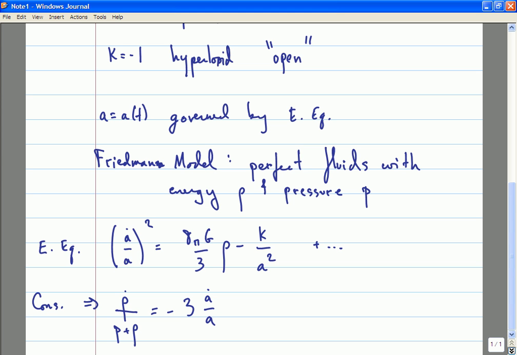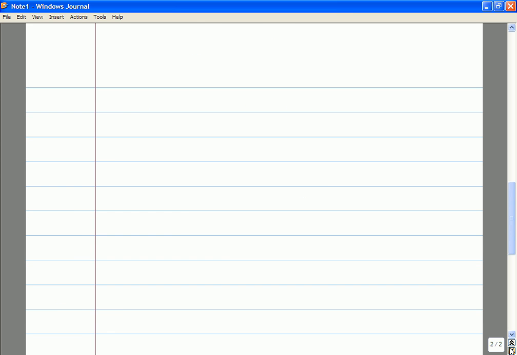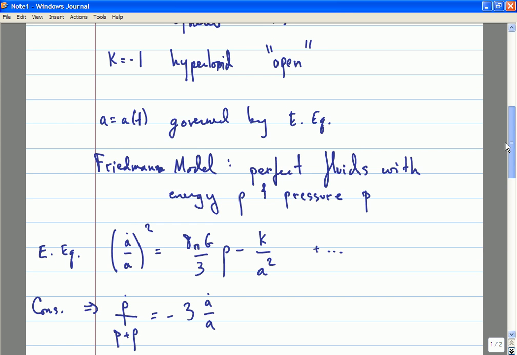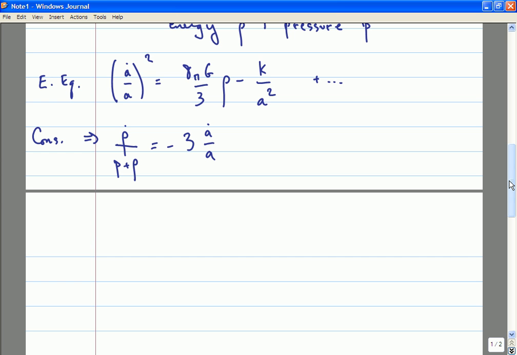Okay, now what I would like to do is proceed to discuss the actual dynamics of our universe as we have observed it. So in our universe, there are a bunch of different types of matter that are present.